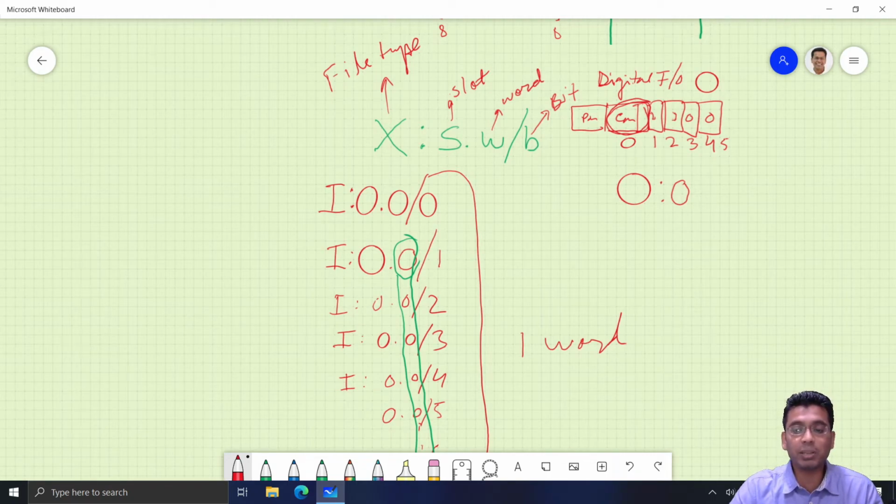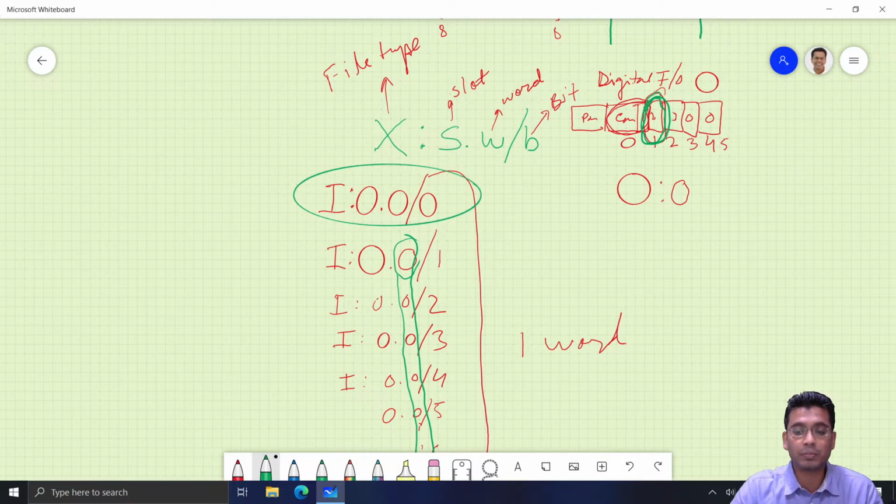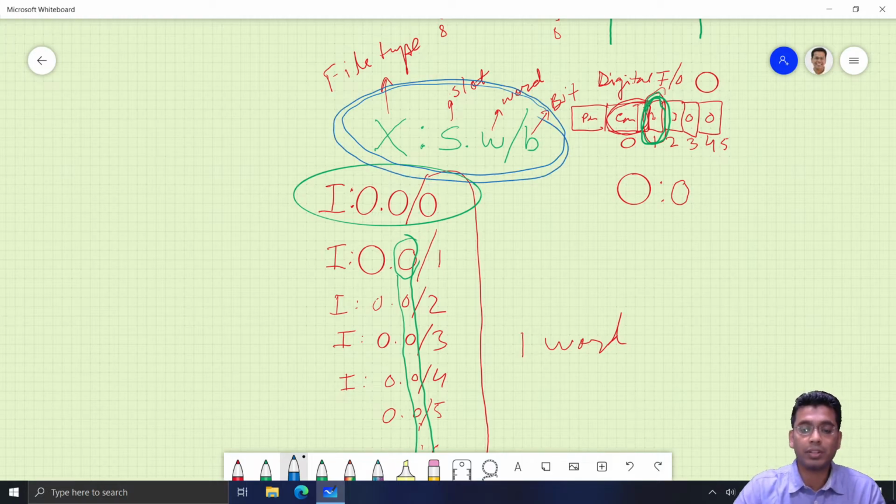Now suppose my digital inputs are not inbuilt. Say I am inserting my digital input in the first slot here. Then what would be this address? Refer to this and just try to name it.